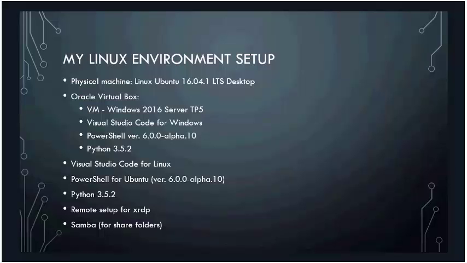I got Visual Studio Code loaded. I put Windows, but I really meant Linux. On the VM, I have the Windows version. On Linux, I have the Linux version of Visual Studio Code. I have PowerShell version 6.0 Alpha 10, that's the version there. It's 3.0, not 2.